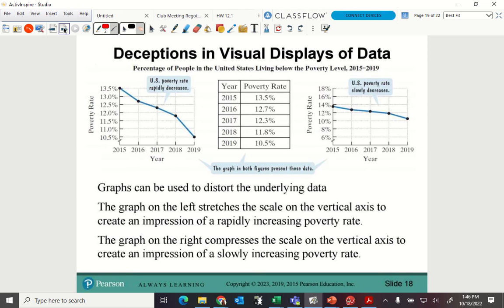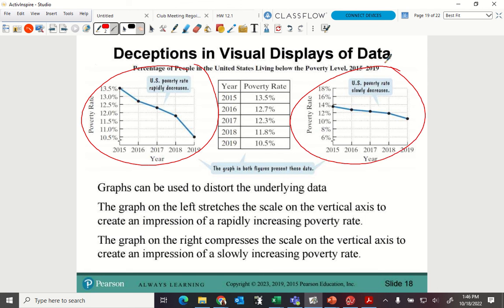Now the next thing that we're going to do is talk about deceptive visual display and design. Now, when you're watching TV and let's say the news or political ads and all that other stuff, a lot of this actually happens every day. Every day. So I want you to look at these two things before you start yelling stuff out.